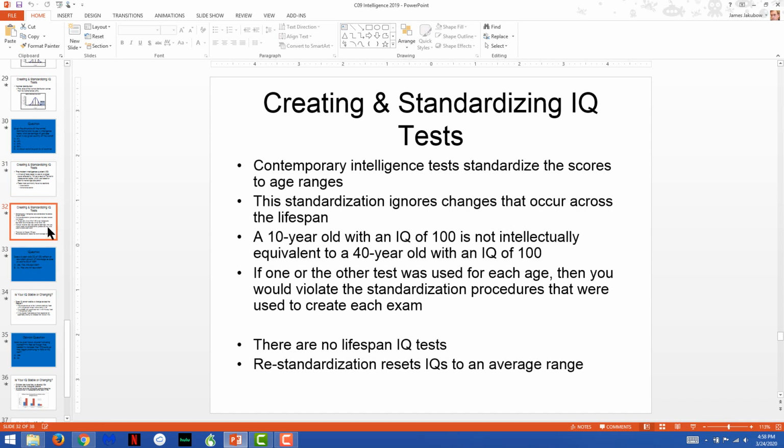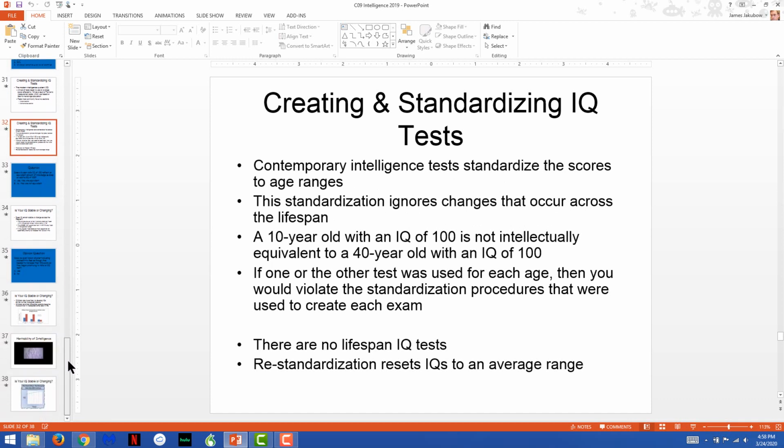Now, the IQ tests that you see today are generally based around the idea of standardization with respect to age. The original idea was that as you get older, you have to reset the scale to average for an individual after they've had their birthday, because you're always standardizing IQ to an age range.